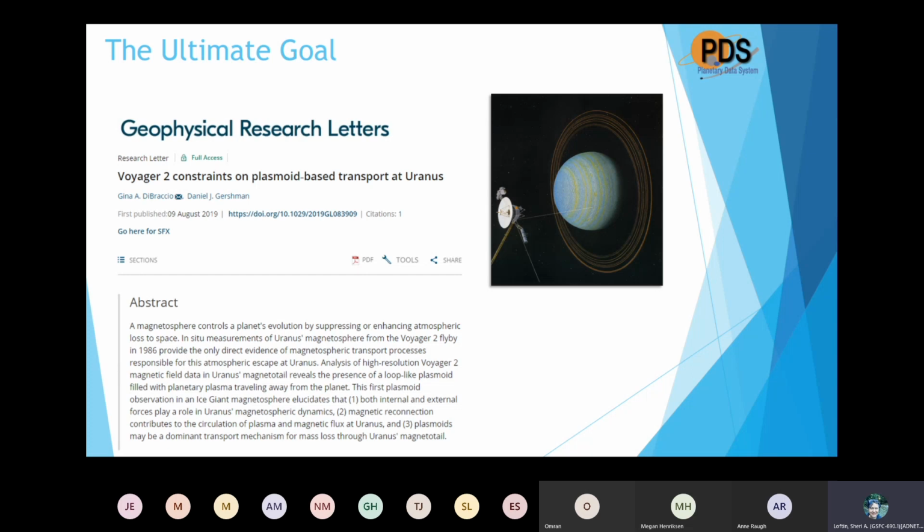A couple of scientists actually in my building at NASA, Gina DiBraccio and Dan Gershman, used Voyager 2 data to discover new magnetic field properties of Uranus. 33 years after the data was collected, it's still usable. It's available. That's what you want. You want to use the data for as long as possible.